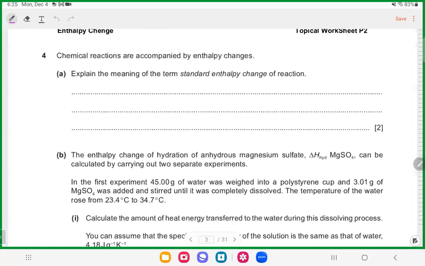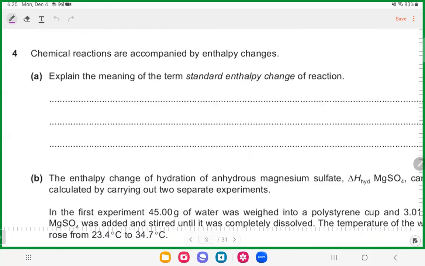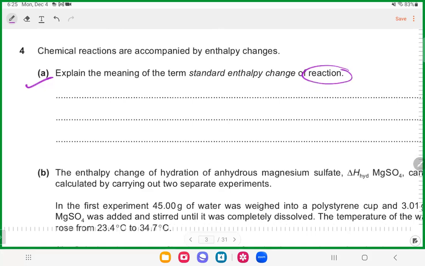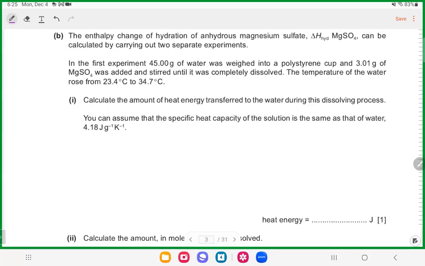Now, in this question, they ask you what is meant by the term standard enthalpy change of a reaction. You can see they ask the definition of reaction. When given amounts of reactants react together to form product under standard conditions. Now, in this question, it says the enthalpy change of hydration of anhydrous magnesium sulfate. Now, hydration is not a part of AS anymore, but this question is still a part of our syllabus.